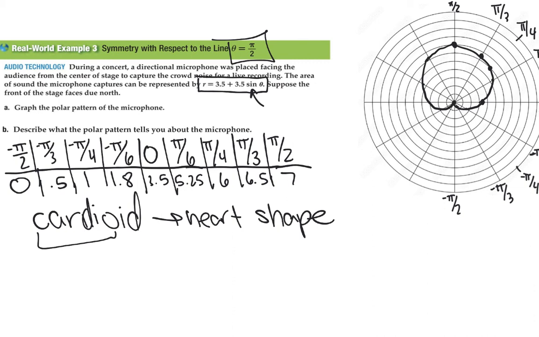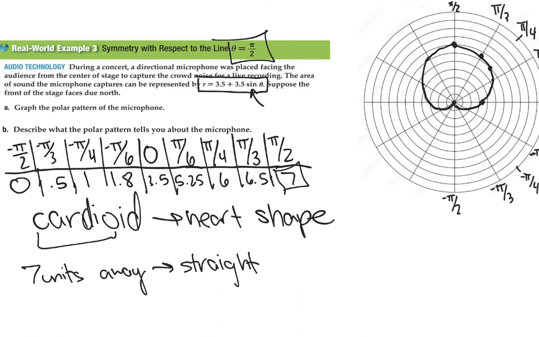Now we need to see what the polar pattern tells us about the microphone. So the polar pattern is actually going to tell us the furthest distance away that the microphone will pick up sounds. So it will be 7 units away because it goes to that 7, and that's in the straight direction.